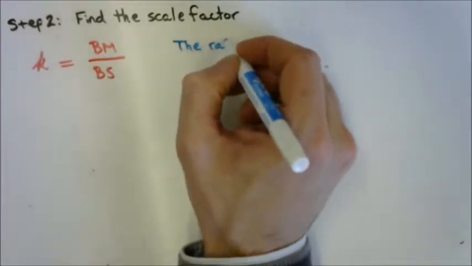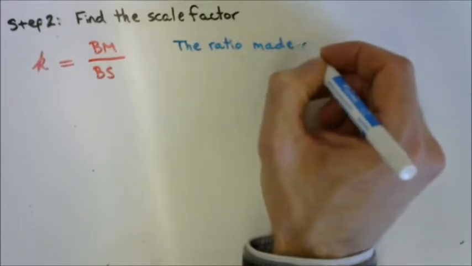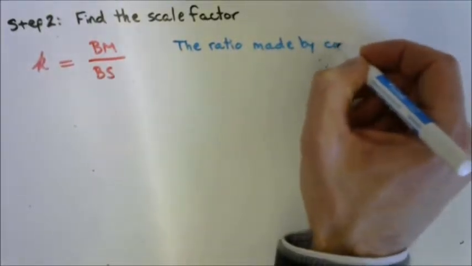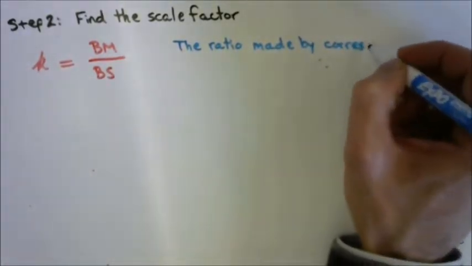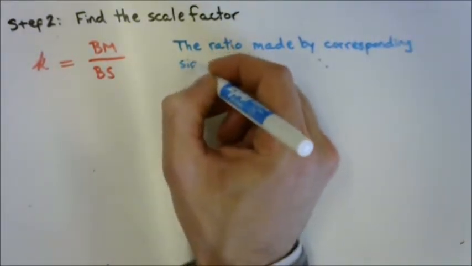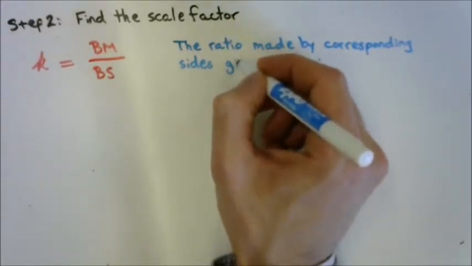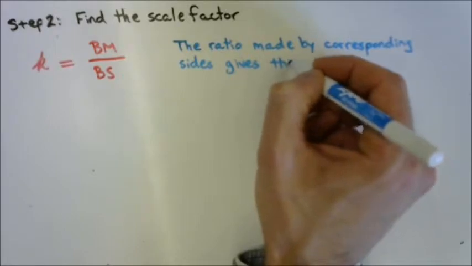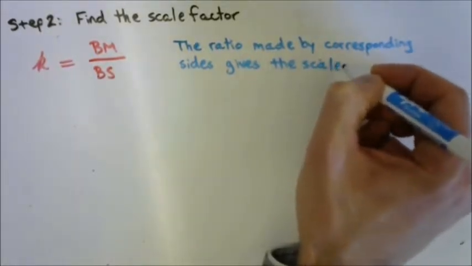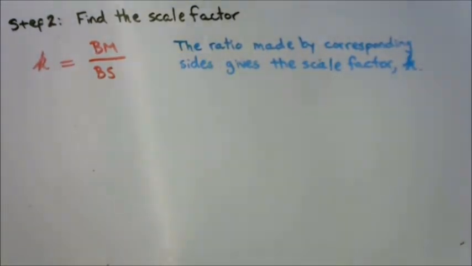The ratio made by corresponding sides gives the scale factor, K.